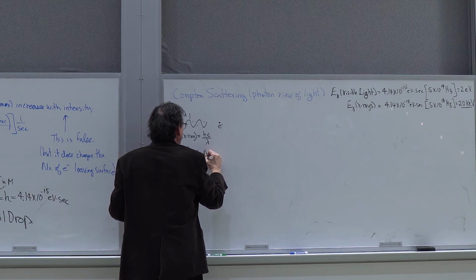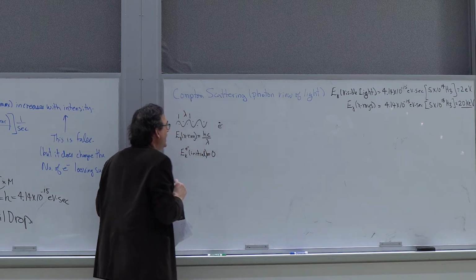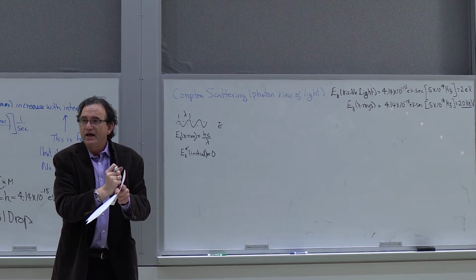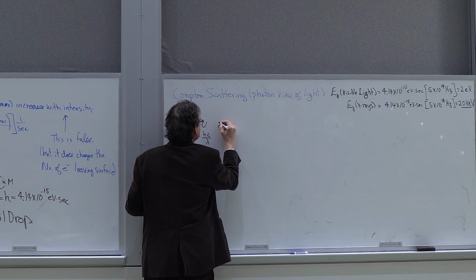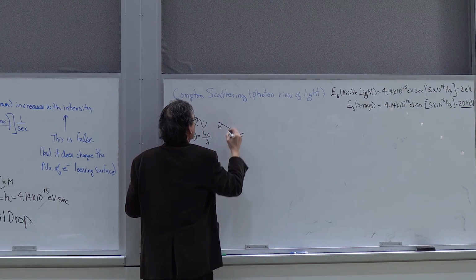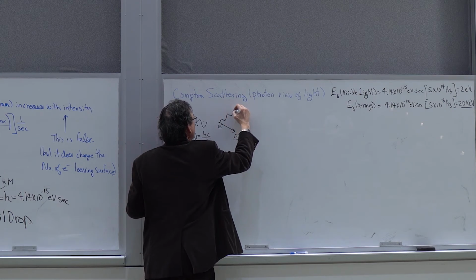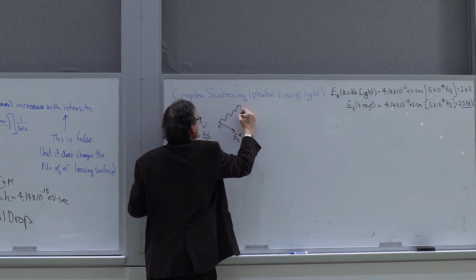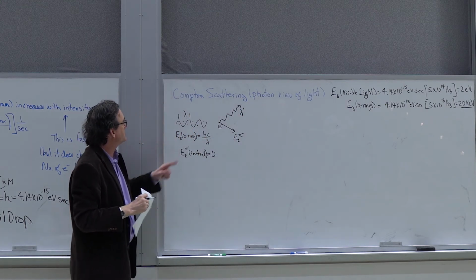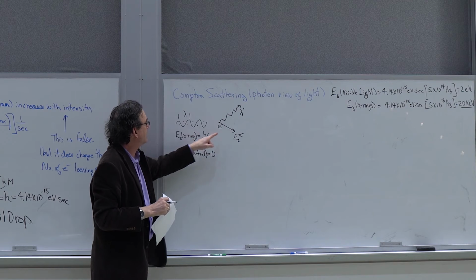Right? So the initial kinetic energy of the electron is 0, and this X-ray knocks on the electron, and the electron recoils with some kinetic energy over here. This was the electron kinetic energy. And the photon scatters, but it comes off with a different wavelength, lambda prime. Why? Because it gave up some of its energy to the electron.